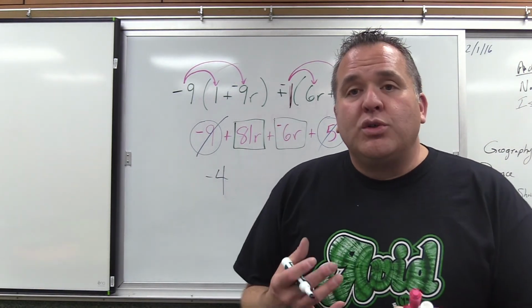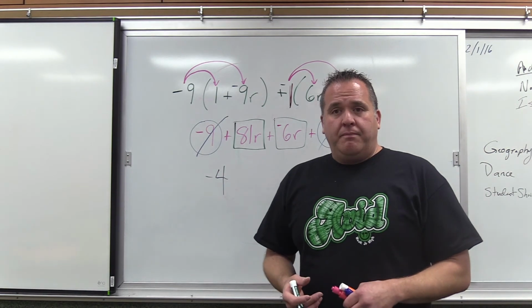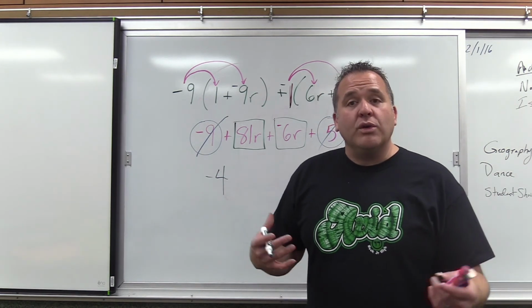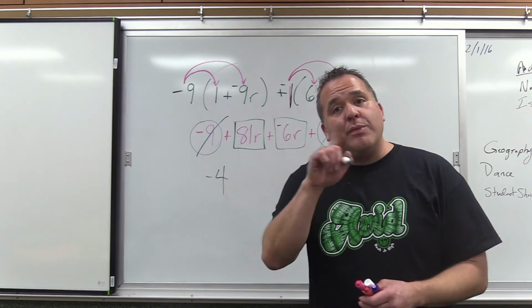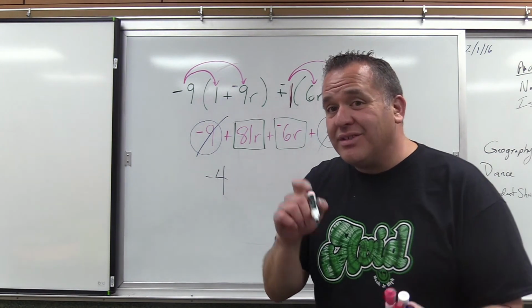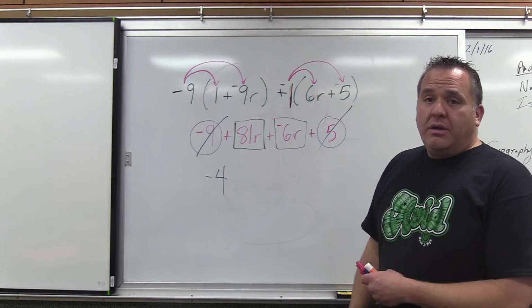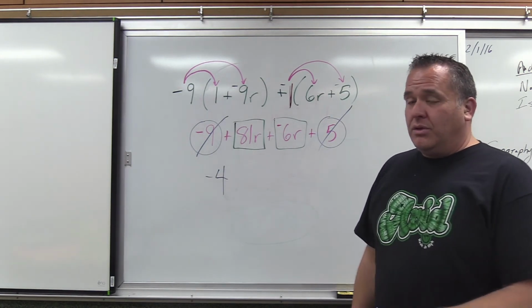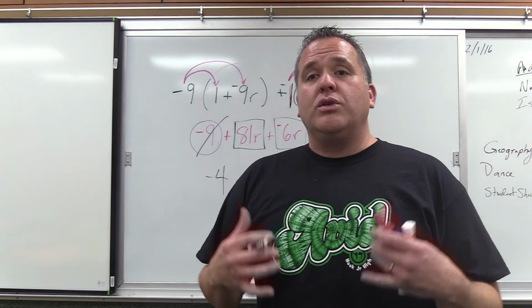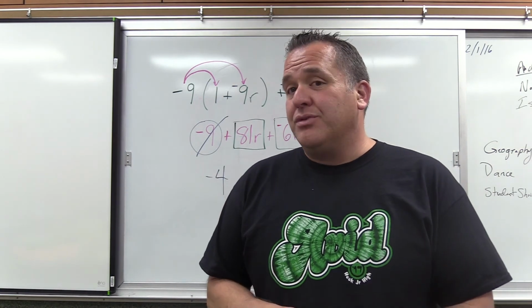Now when we look at these two terms, we ask ourselves, are we going to add or are we going to subtract? And remember how we tell. We look to see if the signs are the same or they're different. So if we look, these two signs right here are different. +81, -6. So we are going to subtract those numbers because the signs are different.